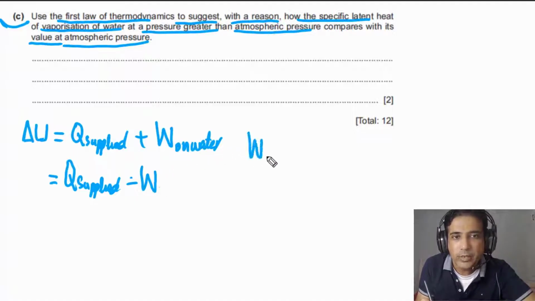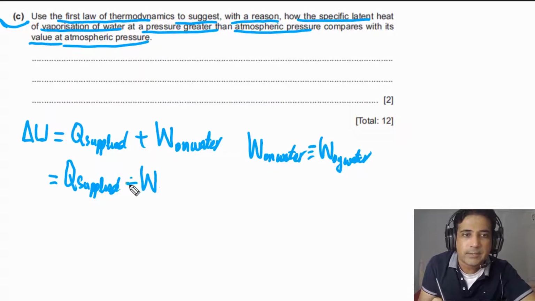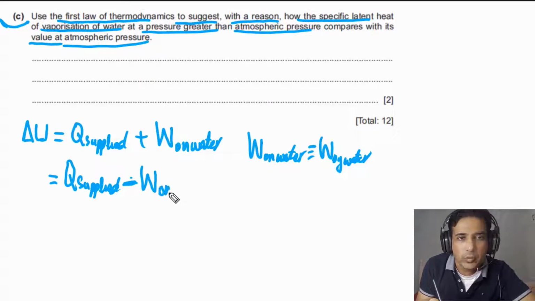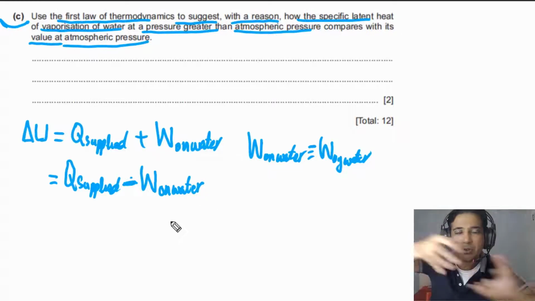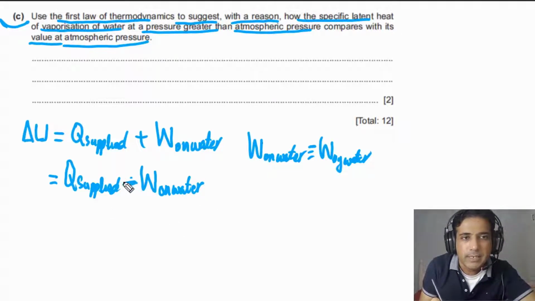Work done on water is equal to work done by water but negative of that. So that's the reason we have a negative sign here. Work done on water is negative because liquid expands when it changes into water vapor.